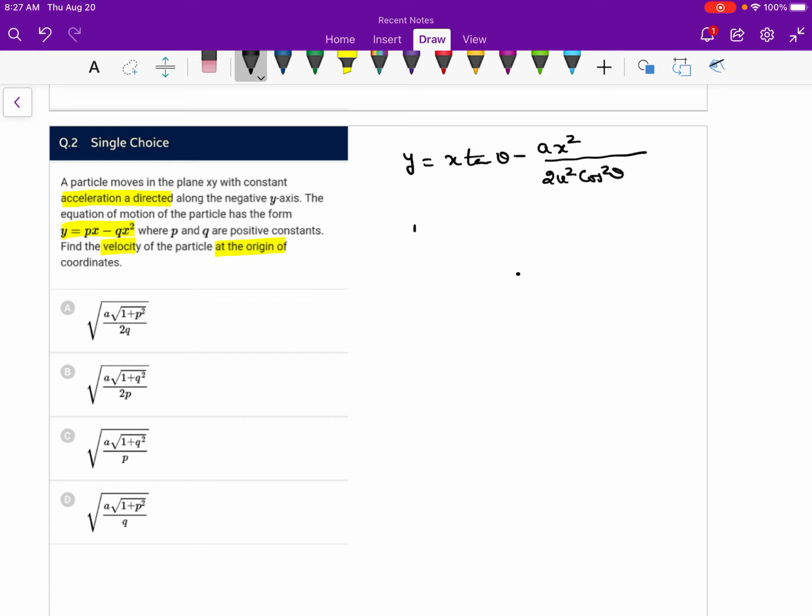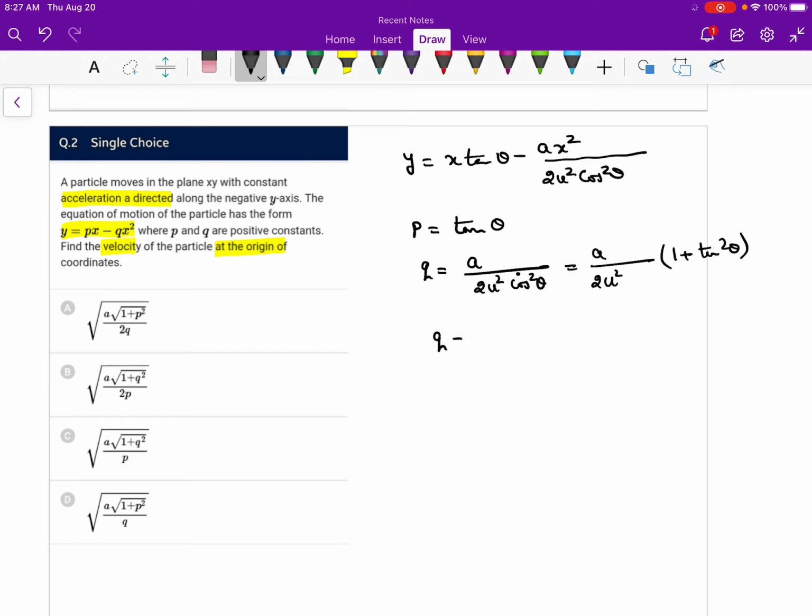So we see that P is tan theta and Q is a upon 2u square cos square theta, which is a upon 2u square, and 1 upon cos square theta is 1 plus tan square theta.